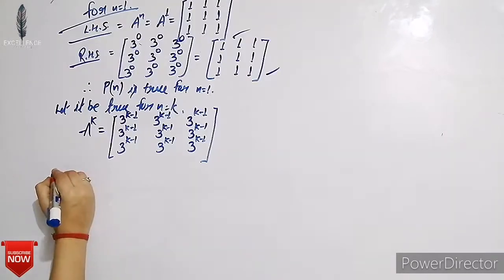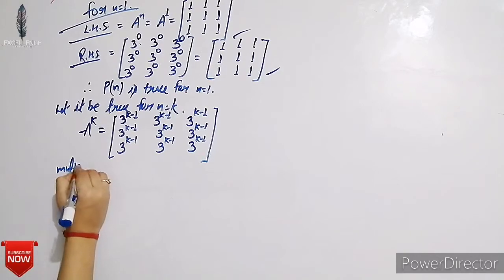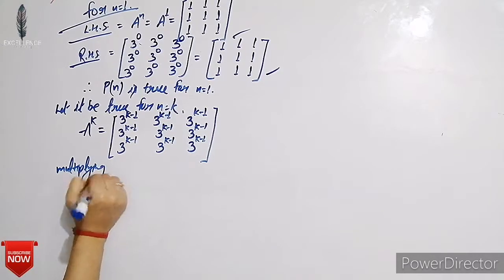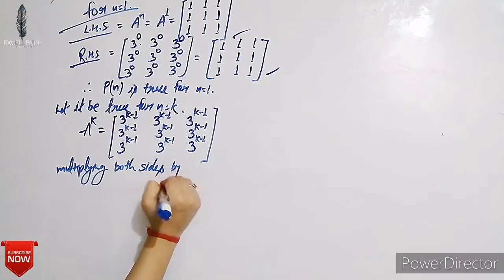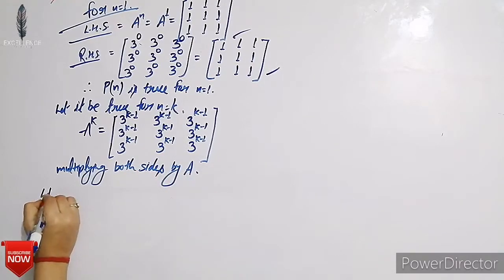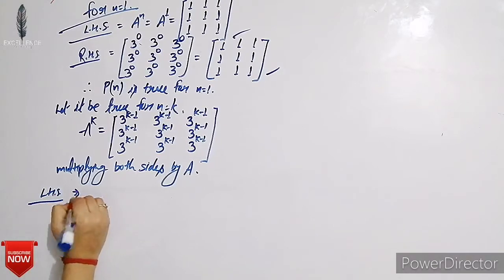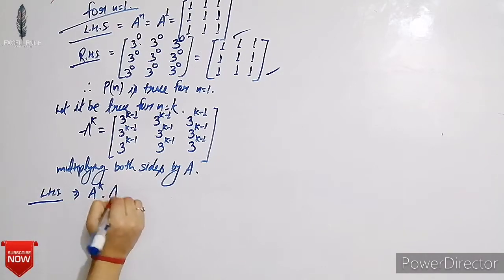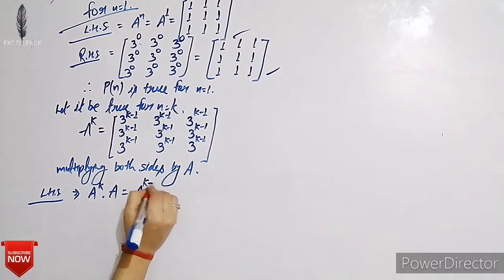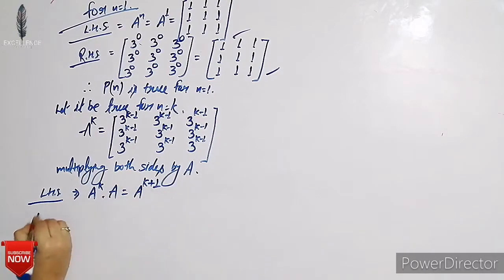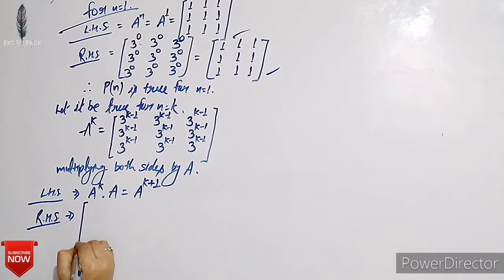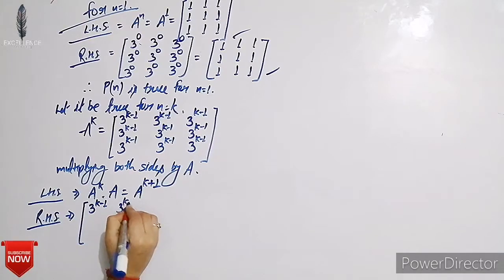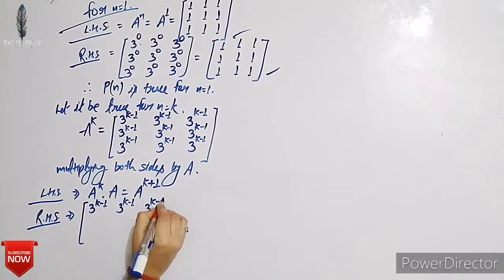Now proof for k plus 1, we have to convert it to k plus 1 form, then multiplying both sides by A, we have LHS equals to A raised to k into A is equals to A to the power k plus 1, and RHS equals to 3 raised to k minus 1, 3 raised to k minus 1, 3 raised to k minus 1.